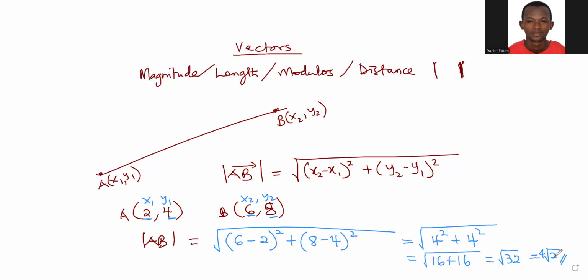Another thing you can get from this is, if I give you the vector AB to be x, y and you are told to find the magnitude, it gives you the square root of x squared plus y squared.